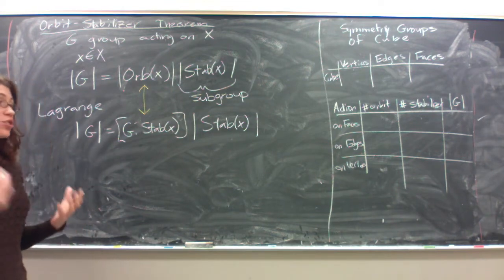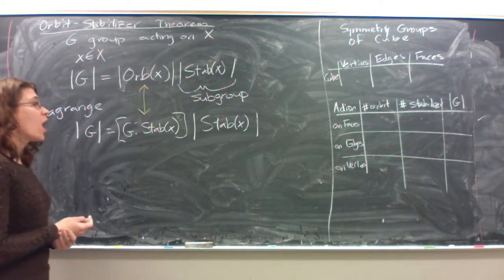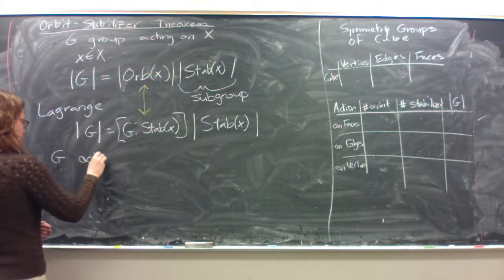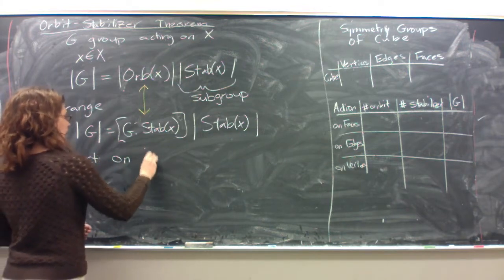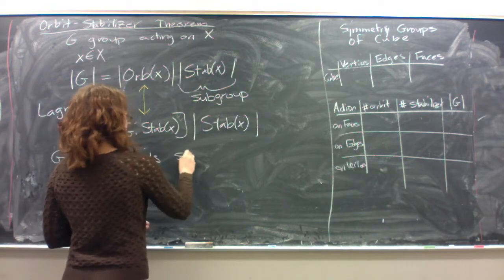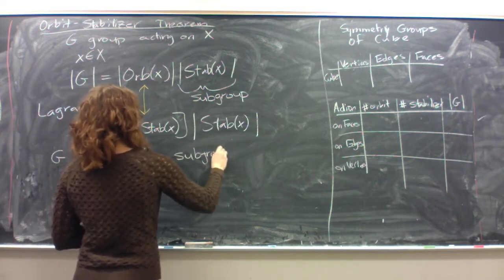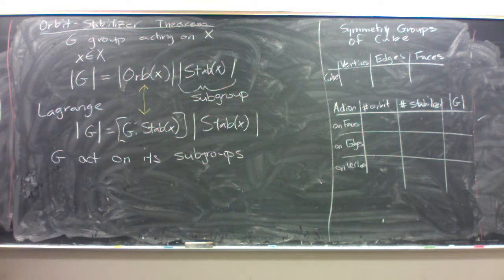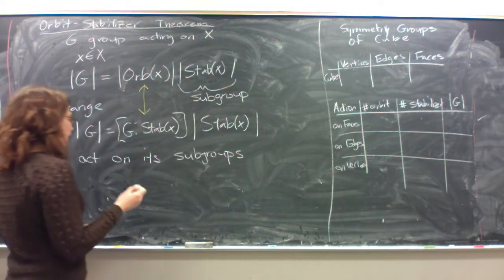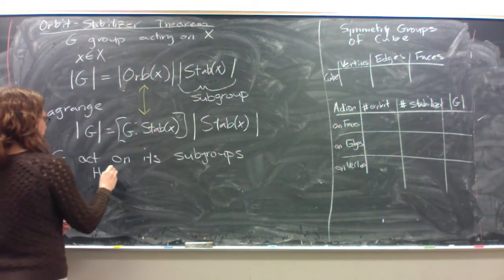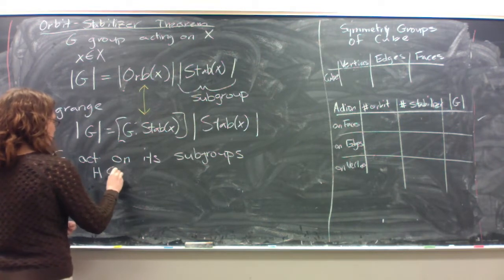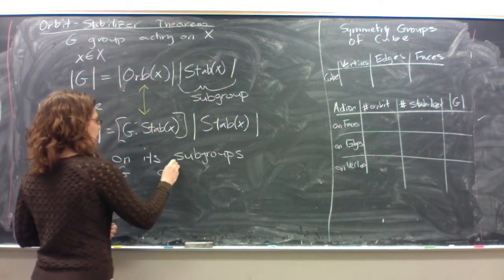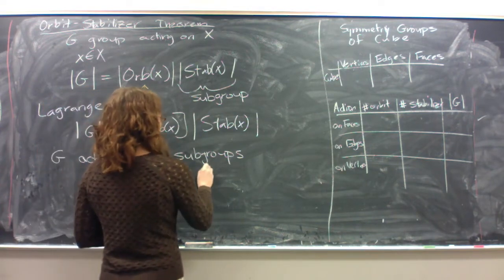So to give you some intuition as to why this is true, I'll note that we can have G act on its subgroups. I'll have G act on its subgroups by saying let H be a subgroup of G. The action will be defined by taking G dot H to just be GH.